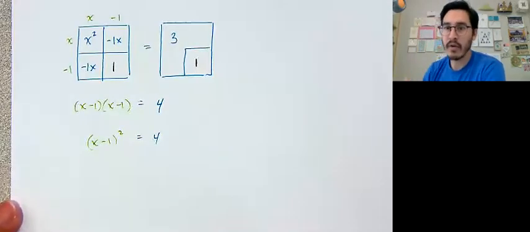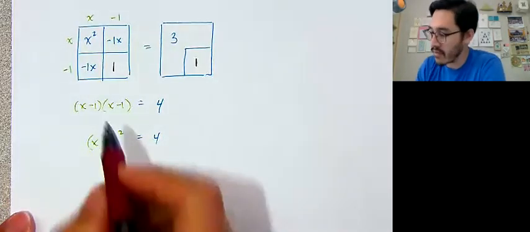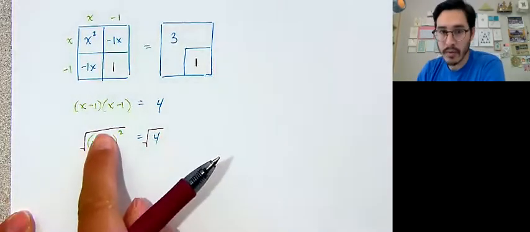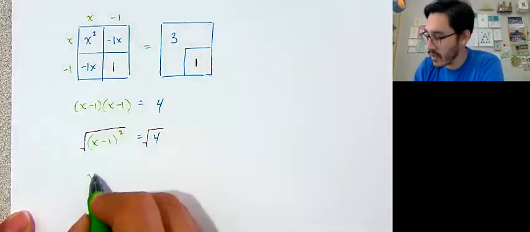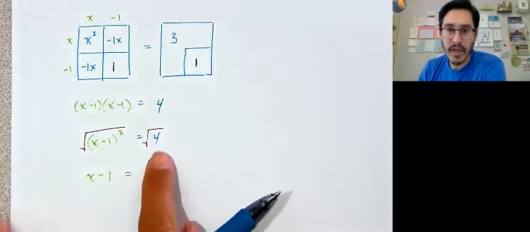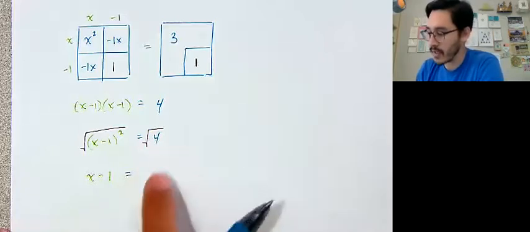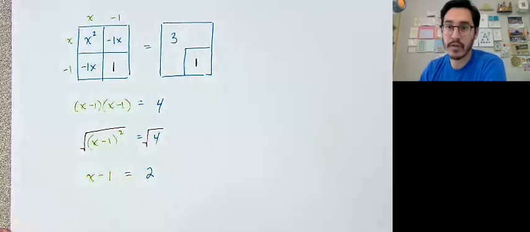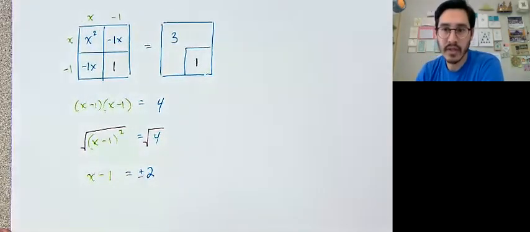Now we're going to start using inverse operations to get the variable x by itself. We'll take the square root on both sides. Square roots reverse squaring, so that's going to be x minus 1. And don't forget about this part: when you take the square root of a number, there's a positive version and a negative version. 4 is actually a perfect square, so the first square root that would come to mind is positive 2, but negative 2 is also a square root of 4.